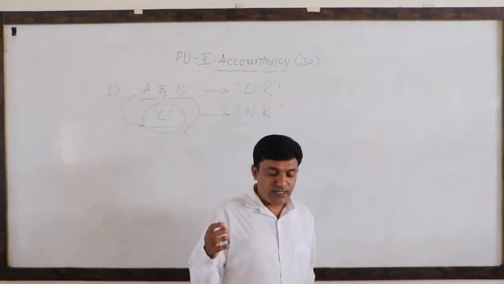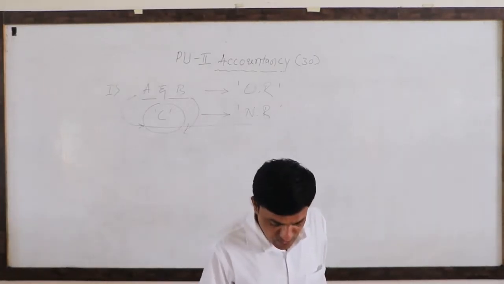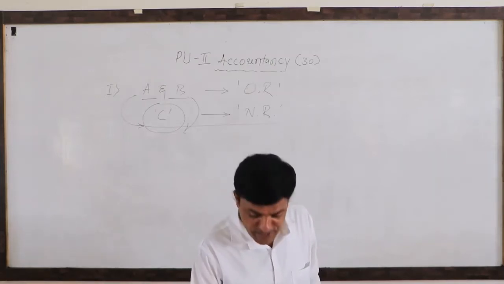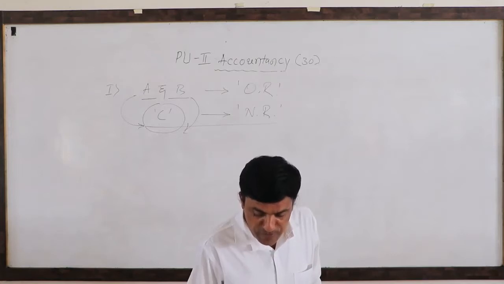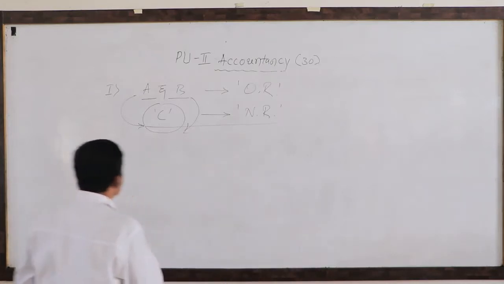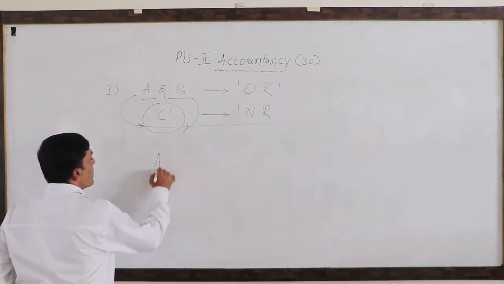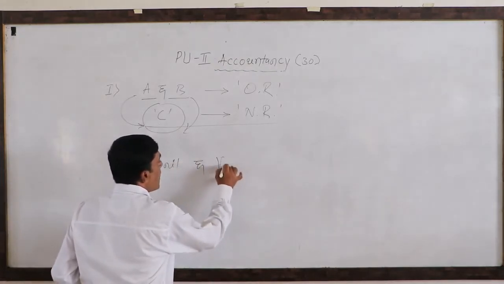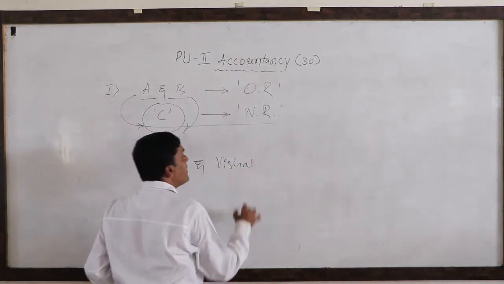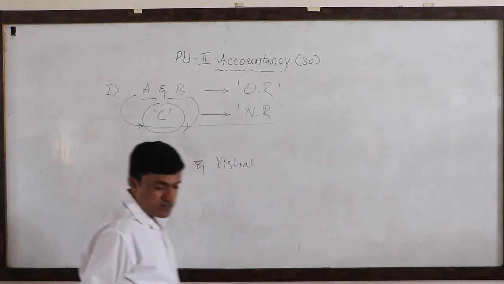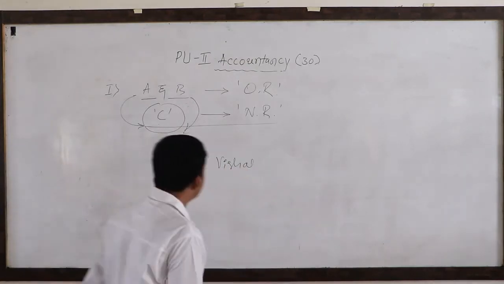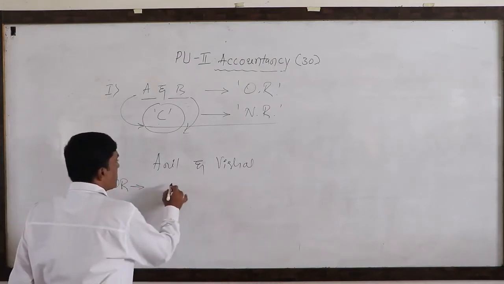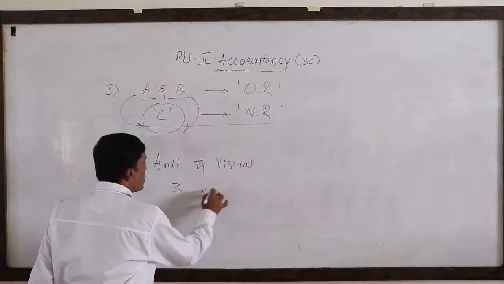Okay, dear students, in that image you can see Anil and Vishal are partners sharing profits in the ratio of 3:2. See here, the old partners' names are Anil and Vishal. These two are the old partners, and their old ratio is 3:2.